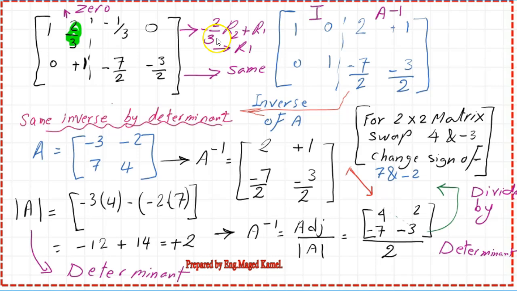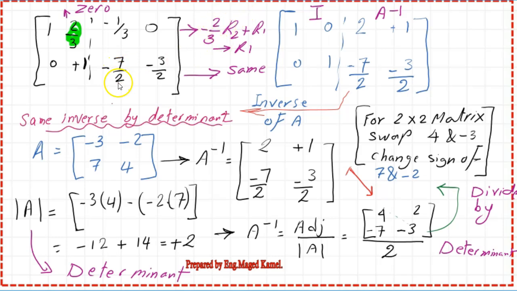Minus 2 over 3 by R2: we start to multiply by 0, so no change, and add to 1, so 1 is the same. Minus 2 over 3 R2 plus 2 over 3, it will become 0. Minus 1 over 3 multiplied by 2, minus 2 over 3, it will become plus 2.